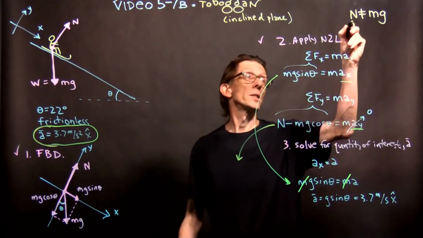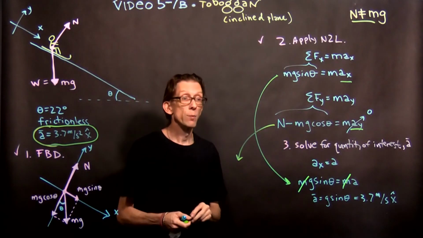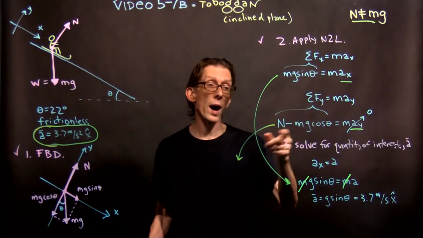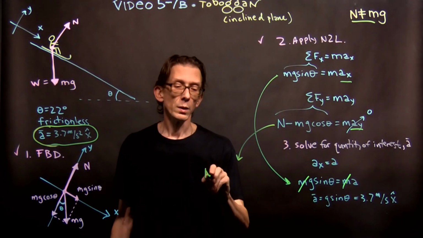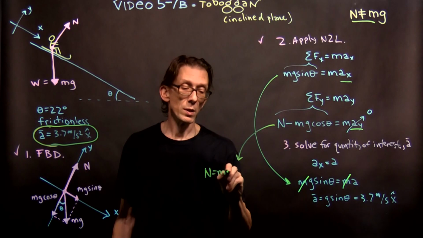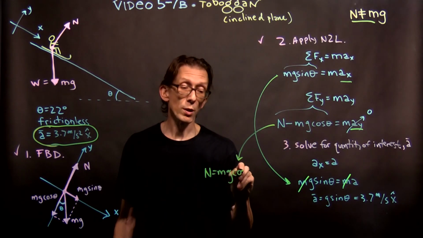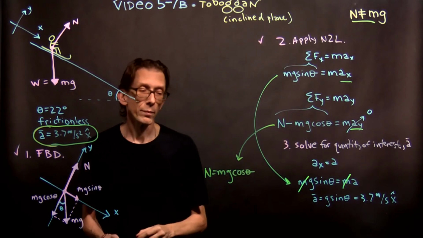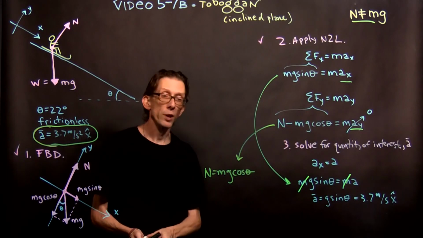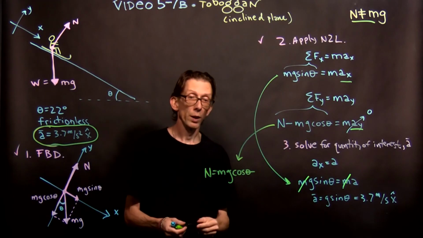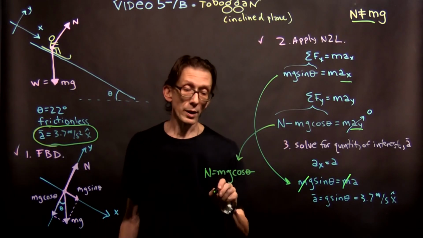As advertised, the normal force is not equal to mg. Notice that if we solve the y equation for N, we get N is not mg, but mg cosine theta. N is reduced from mg. It's smaller than mg, which is not equal to the weight.